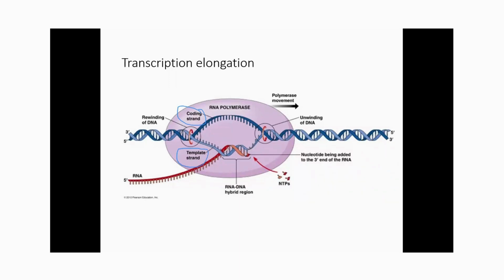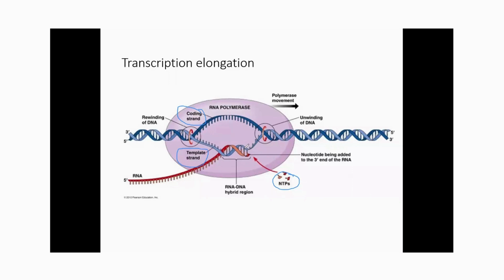Whatever nucleotides are present on the DNA molecule, opposite nucleotides are added by the RNA polymerase enzyme. The beta and beta prime subunits of the RNA polymerase enzyme do this work, the catalysis of the RNA molecule, and they add the ribonucleotide triphosphates here. If adenine is present on the DNA strand, then uracil is added.